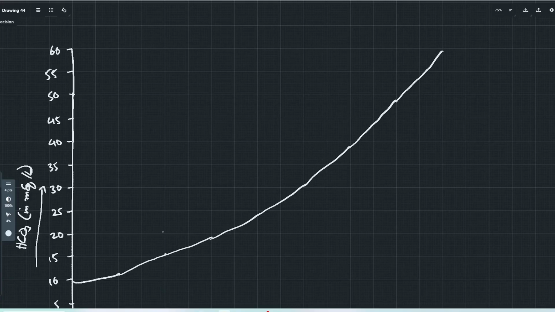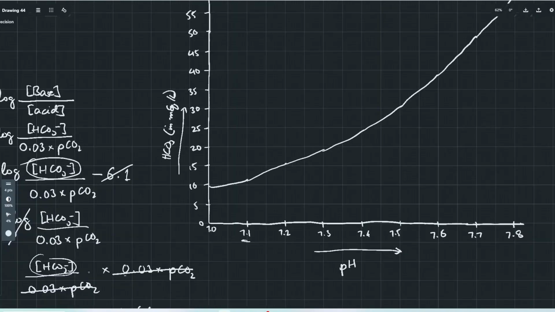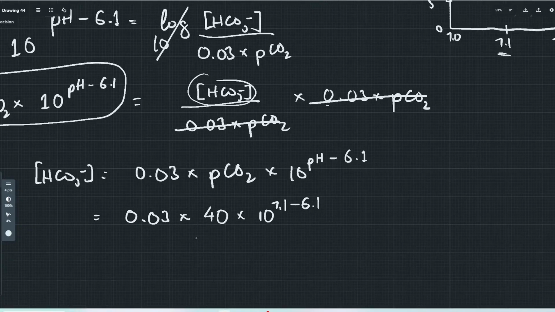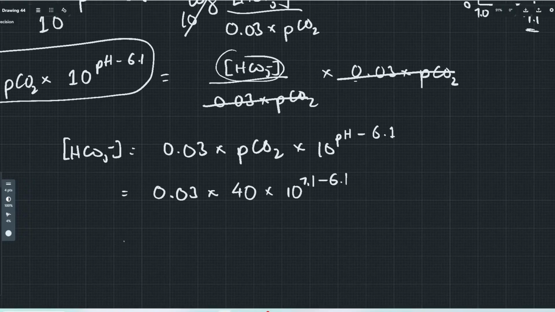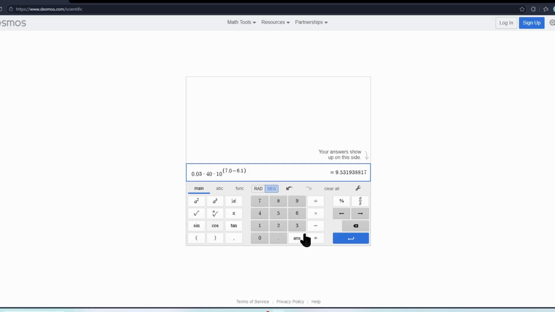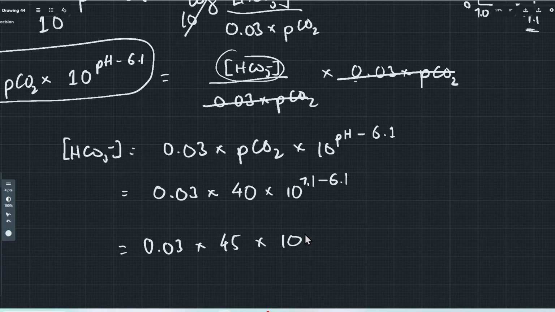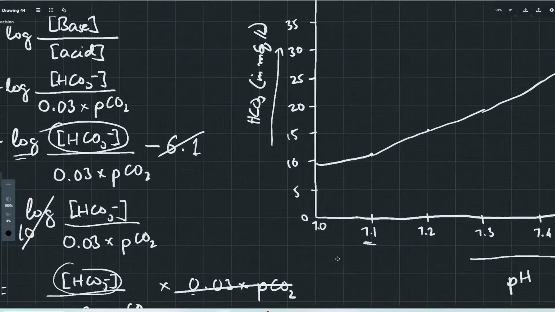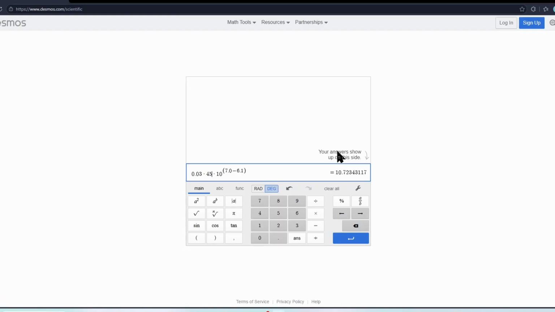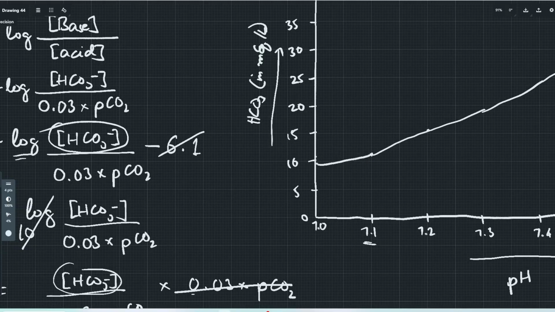Now we can also calculate it for a different PCO2 value. So we can calculate it for 0.03 into, let's say, 45, and also lower. So I can replace the value here with 45, and then this would start from 10.7, somewhere here.